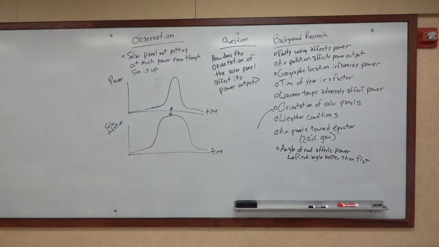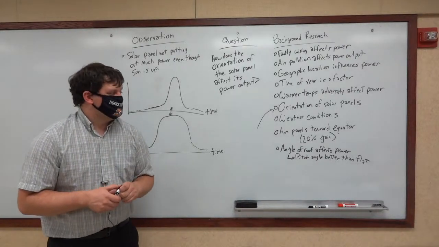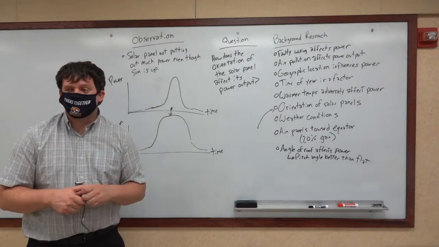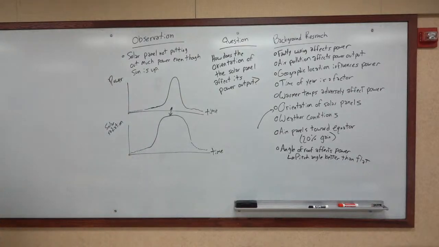Anything else? All right, somebody give me one more fact. We're not going to move on until I get one more. If it's upside down, there will be no power. You did not Google that. That is a fact.